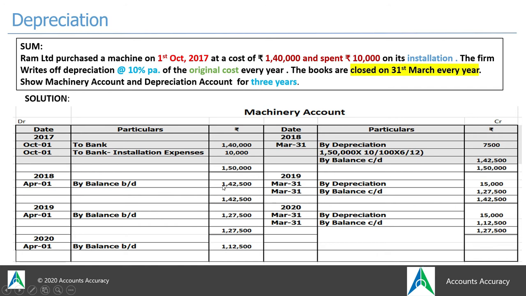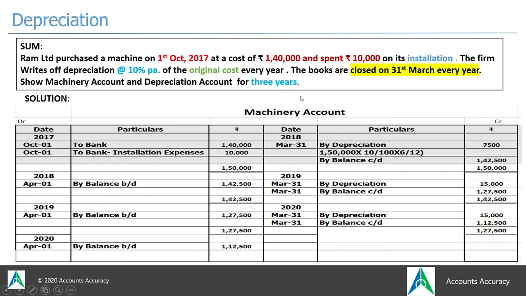When you deduct this depreciation of 15,000 from 1,42,500, the balance of the machine will be reduced and it will be 1,27,500. Now again for the next year it will be carried forward, and the balance which will be brought in on 2019 April 1st would be 1,27,500. Similarly you will again bring it to the next year, that is the third year.